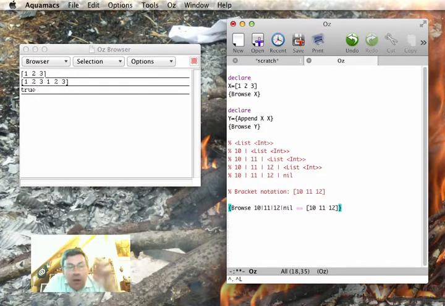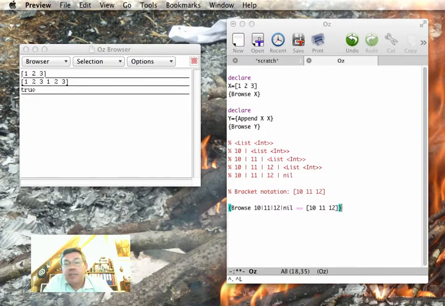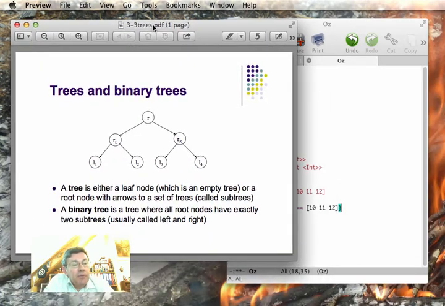Otherwise, the root might have several edges leaving it, going to other trees, and these are called subtrees. If there are always exactly two edges leaving each root, then we have a binary tree. You note actually that this is a recursive definition, similar in style to the recursive definition of a list. In fact, trees are just as recursive as lists, and let me bring in a diagram to explain it.